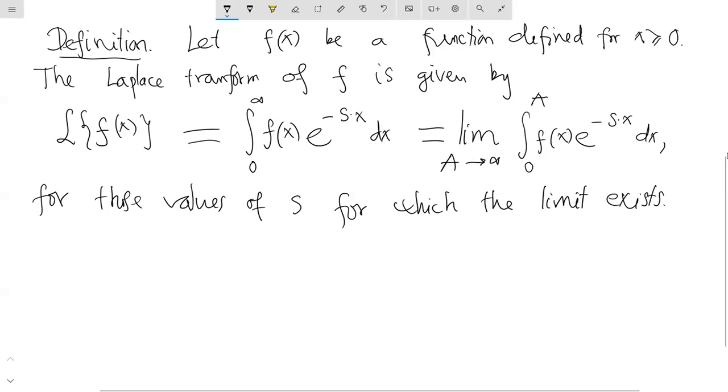From the definition, it turns out that not all functions have a Laplace transform. Only certain types of functions can have a Laplace transform. And because of that, we need the following definition called exponentially bounded functions.